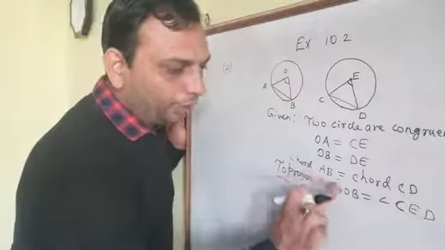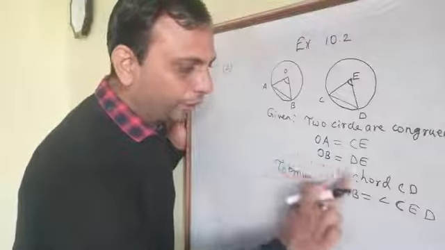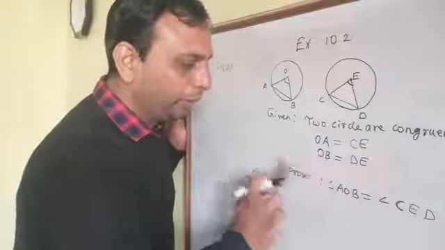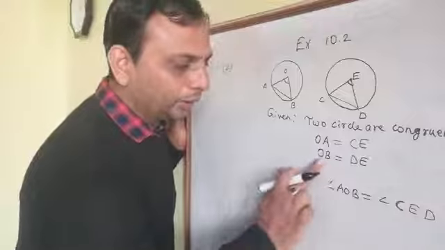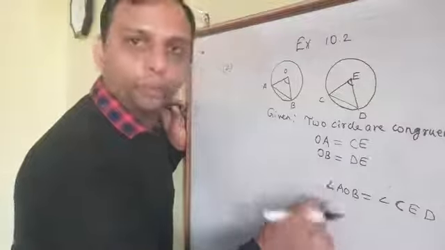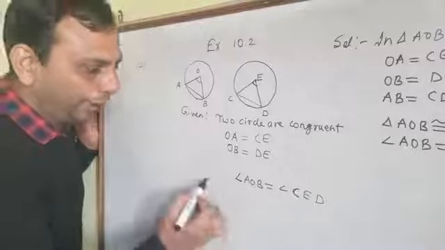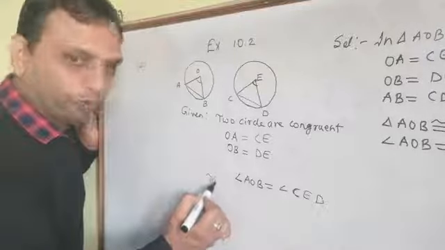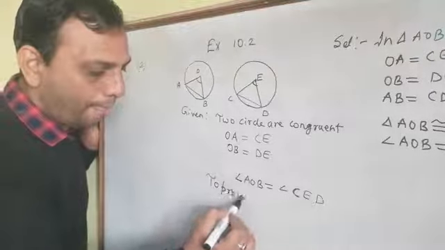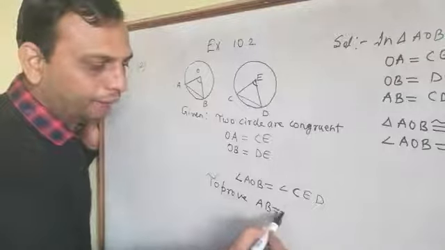Now the chord is not given equal. This chord we have to make equal. In place of chord, the angles are given equal: angle AOB is equal to angle CED. This is given equal, and what we have to prove is AB is equal to CD.